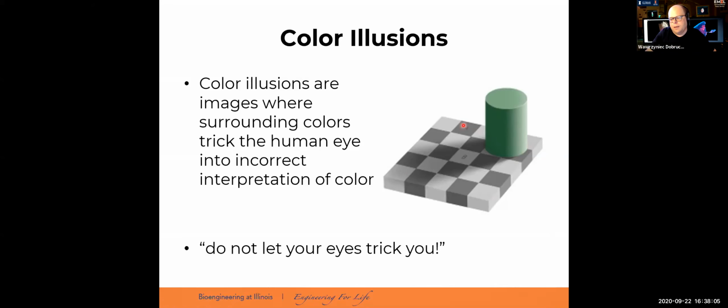So for example, here on the screen on the right side, you can see a checkerboard with a cylinder, which gives a shadow. Well, if I tell you that this part, A, has the same color as part B, probably you will not believe me, right? Completely not. But it's a true thing.